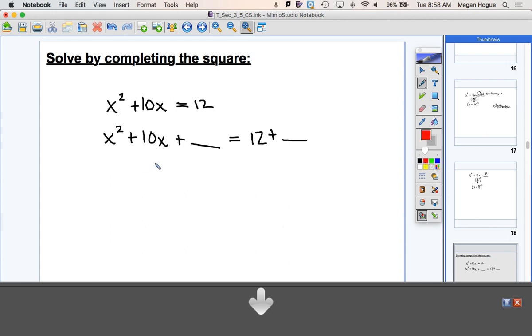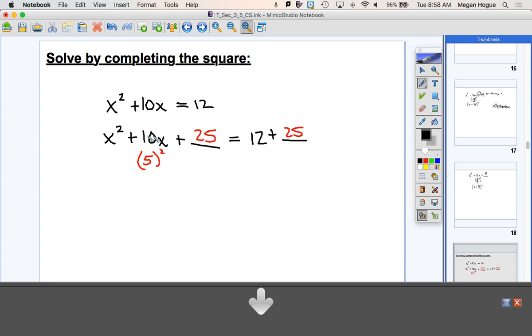Okay, so now here's that process we were just doing. It hasn't changed. We're going to take half of 10, 5. We're going to square it, 25. But it goes in both blanks, so it goes on both sides. So same process still.